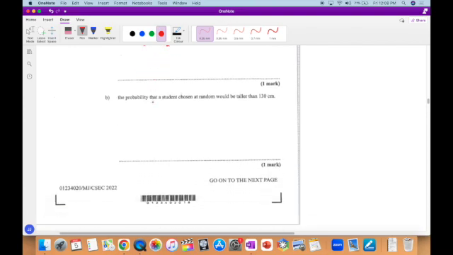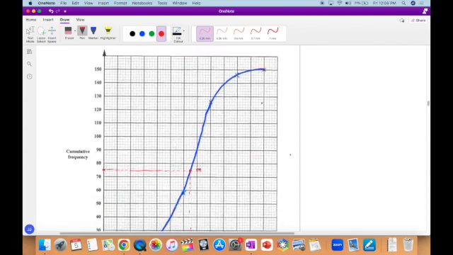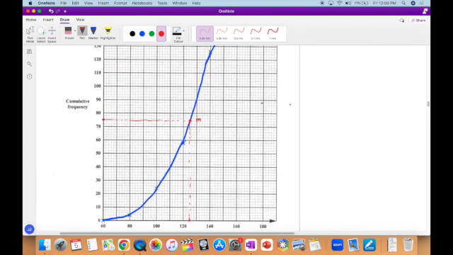Right? Next, the probability that a student chosen at random would be taller than 130 centimeters. So 130 centimeters is about here, and it corresponds to about 90 students.